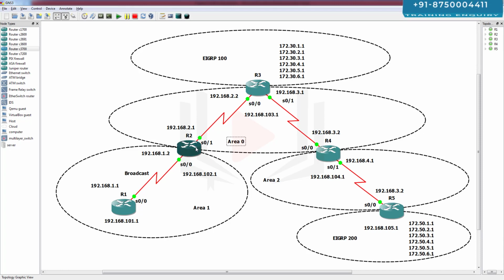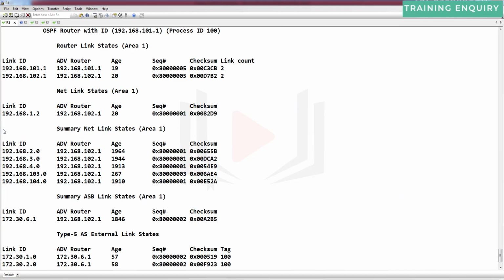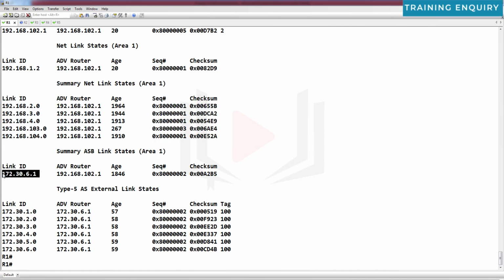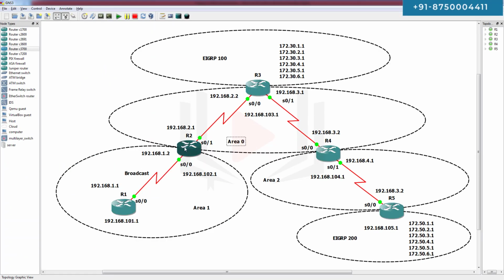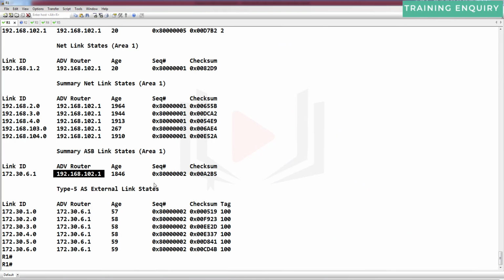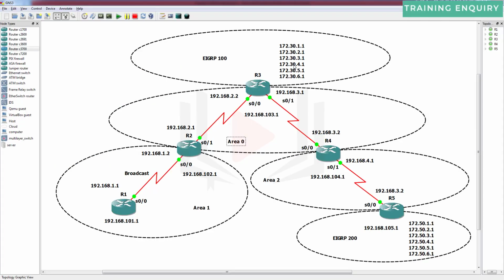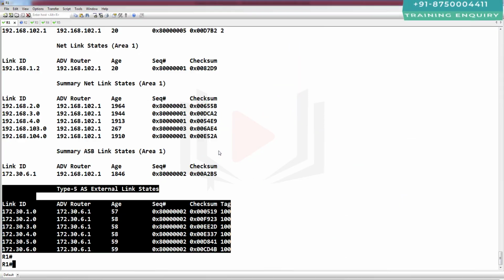So for area 1, area 0 and 2 routes are summary LSA. ASLSA contains the ASBR router ID sent by the ABR. Who is the ABR? R2. Next is external LSA. External LSA contains external routes. External routes are the 30 series routes which are redistributed into OSPF.